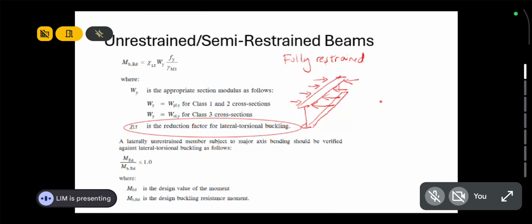So now, if your compression flange wants to move sideways, it cannot move sideways because there's something holding it there. Example is, if this is your beam, then you have a slab on top like this. You have a slab sitting on your beam like that. If you have a connection detail like that, then obviously that flange cannot move. The compression flange cannot move because you have the concrete stopping it from moving.